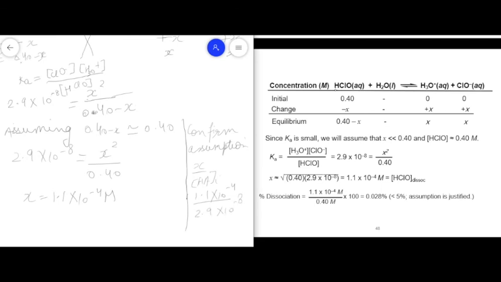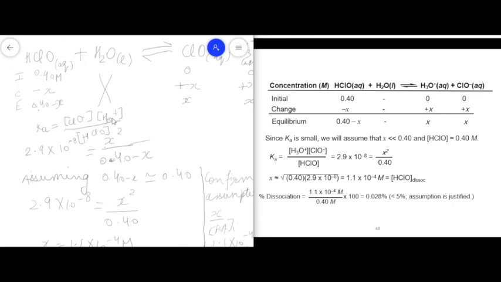So this value comes out to be, if you plug into your calculator, 0.028%, which is definitely less than 5%. So that essentially means this assumption is correct. And I can make this assumption, and my X value is this now. So once I have my X, we know based on our ICE table that X is the amount of acid that has dissociated.